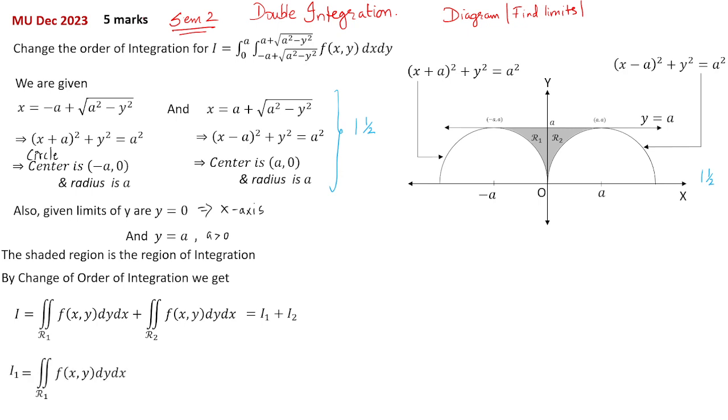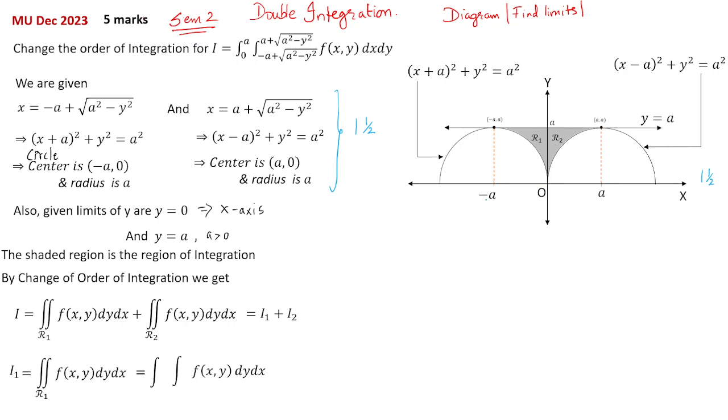So this is the region that we are talking about, and now we want to write the limits over here. In order to write the lower limit, we first take the projection. When we see the projection of the shadow of the region on the x-axis, it is from minus a to a, correct?